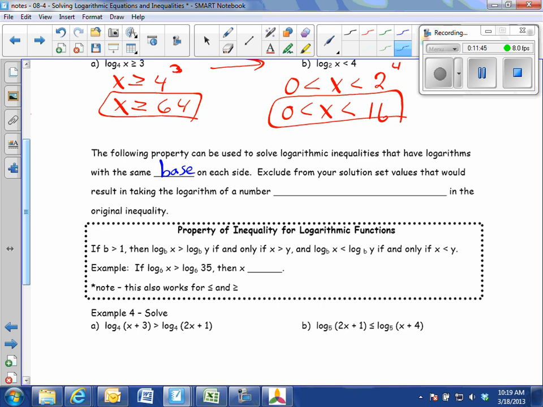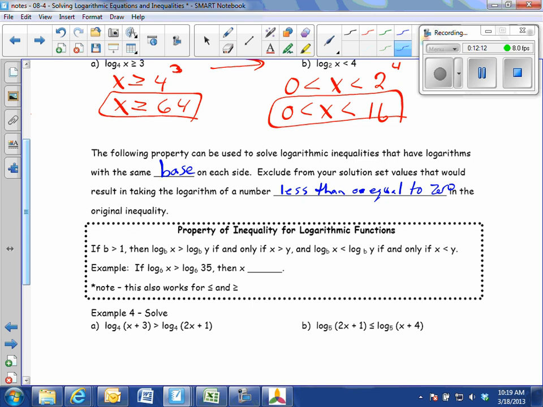We're going to exclude from our solution set anything that would result in taking the logarithm of a number that is less than or equal to 0, because we cannot have that.